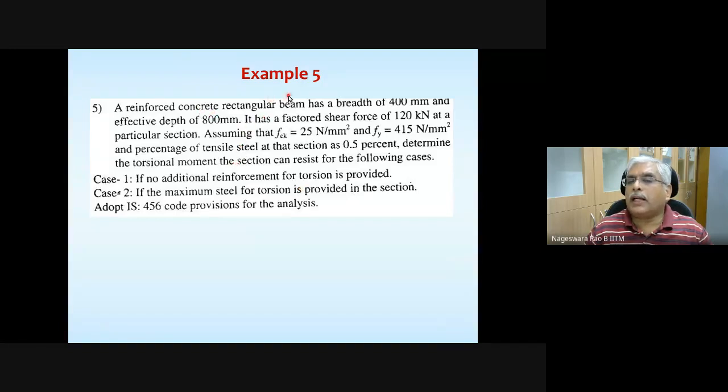Okay. So now with this description, what is given here? Width of this section is given, effective depth is given, factored shear force is given, and grade of concrete and grade of steel are given.